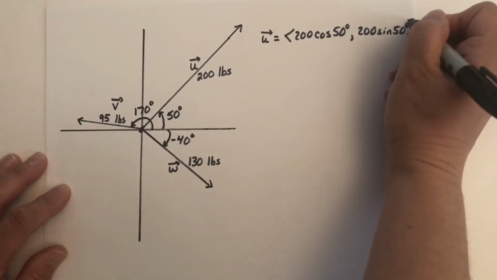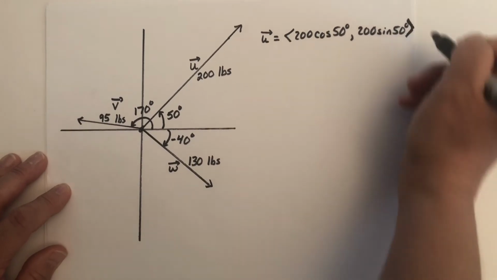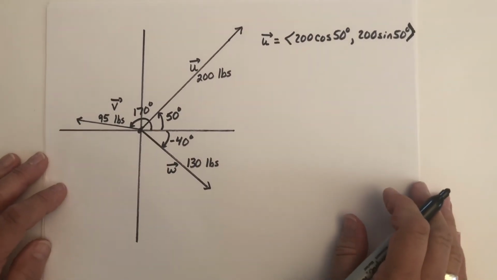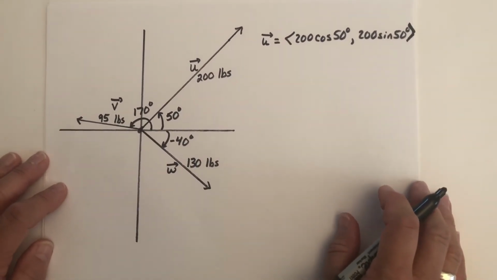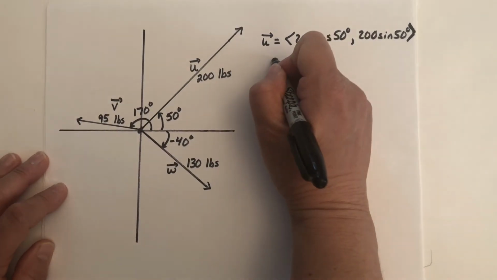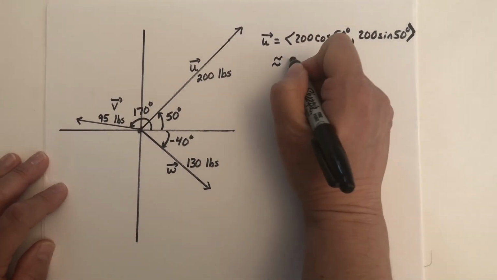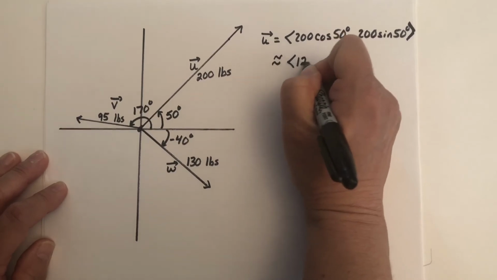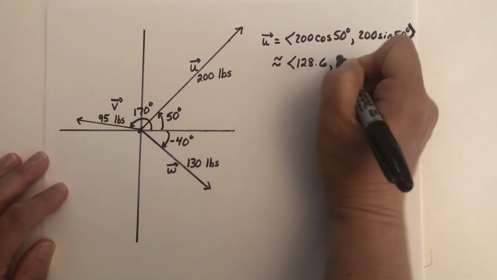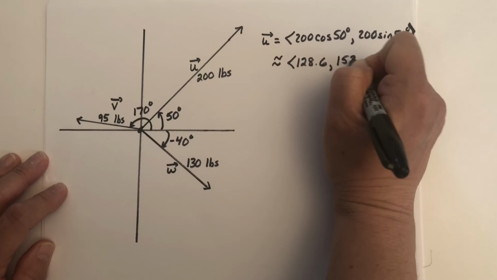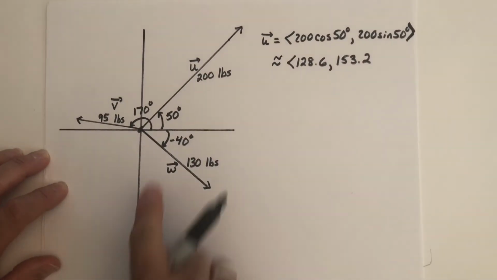Oop, it's a vector. I meant to use that chevron, not parentheses. If you punch that in on your calculator, you'll get approximately 128.6, 153.2. So that's this u vector.